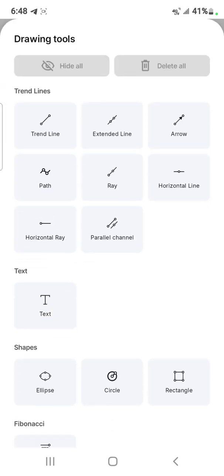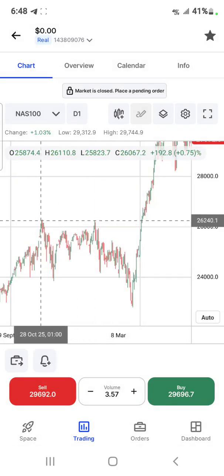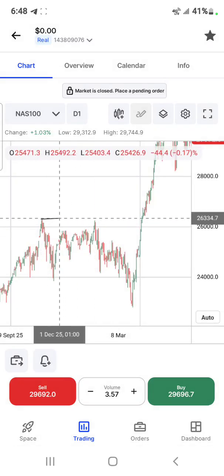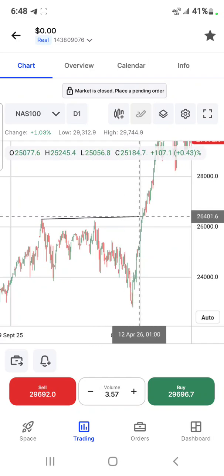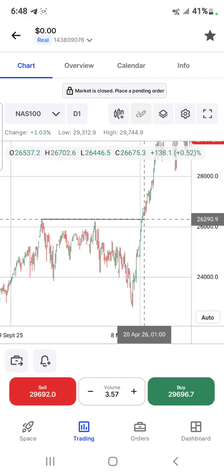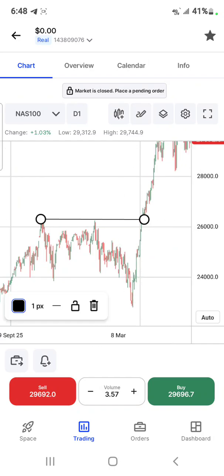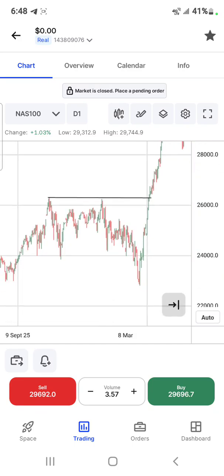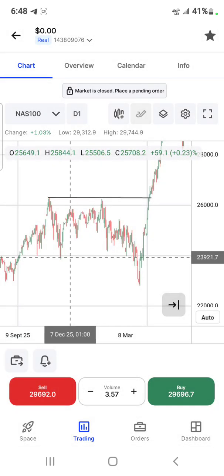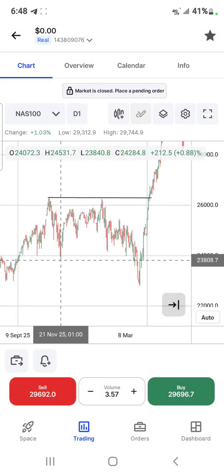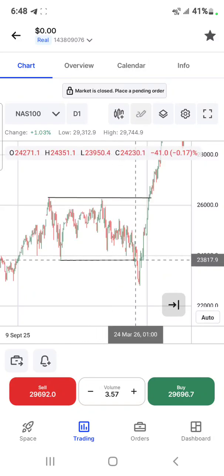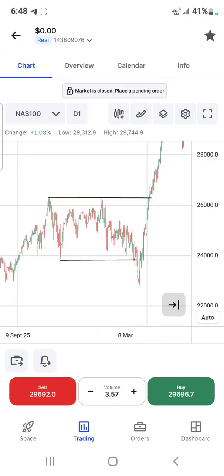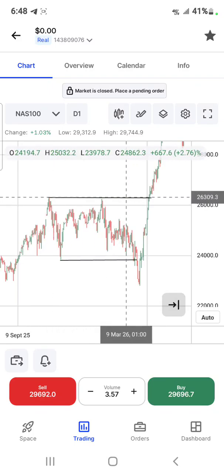Right here, you can see we had our break of structure here, a daily break of structure. We had a break of structure here. This is a strong break of structure because it swept liquidity below this lows, before breaking structure right here to the upside.